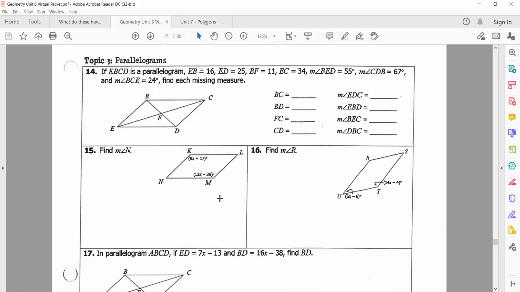But then I've got to find angle N. How do I do that? It's not that difficult, but you've got to figure out what x is first.